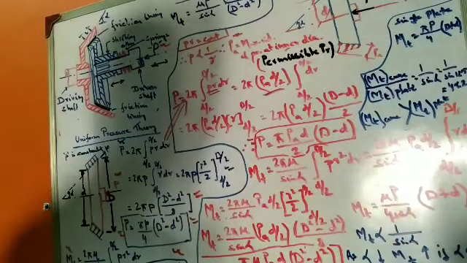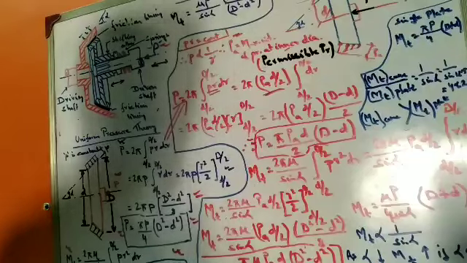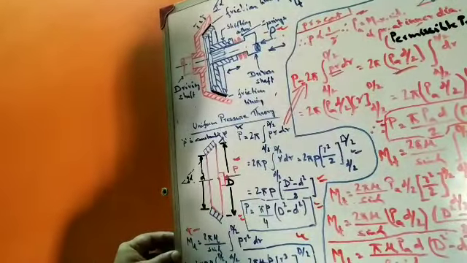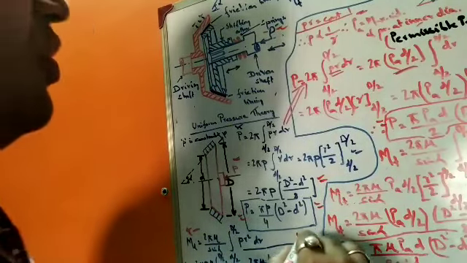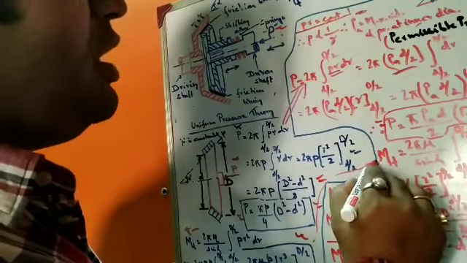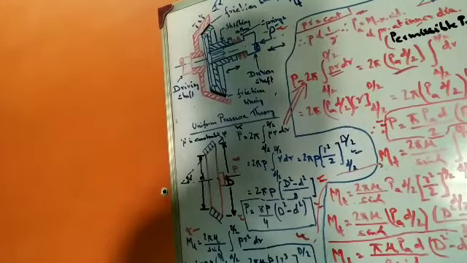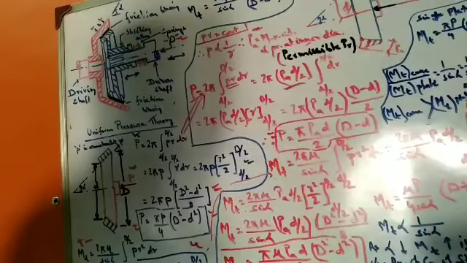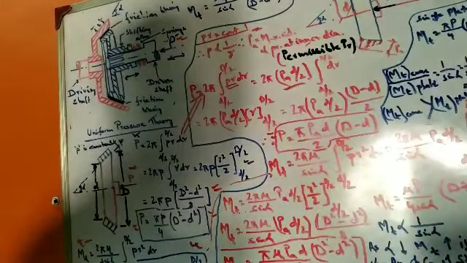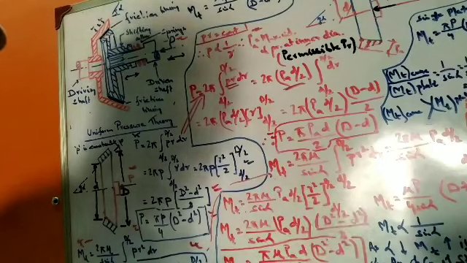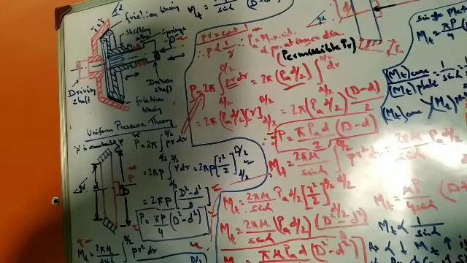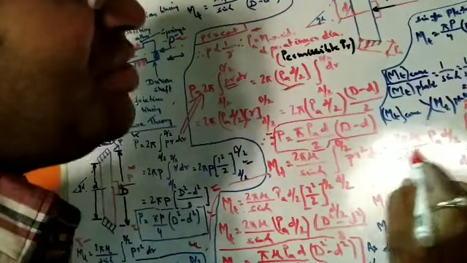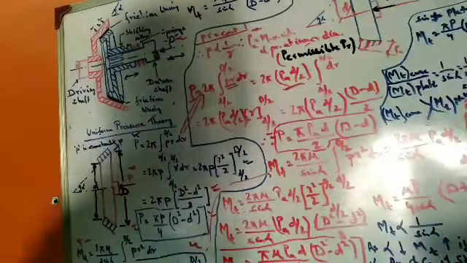Now we know that over here, if you see this equation, Mt into pi d, this is the equation we considered for uniform pressure. Now we are considering the same thing, the torque transmitted, for uniform wear. So for uniform wear we get this value, P R square dr. We take the constant P_a into d by 2, that is the innermost radius and the maximum pressure.